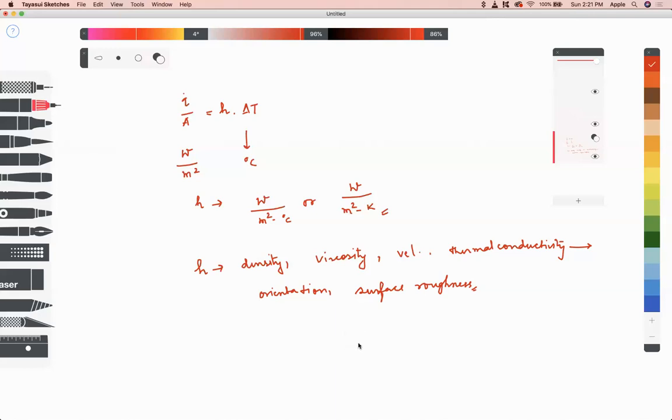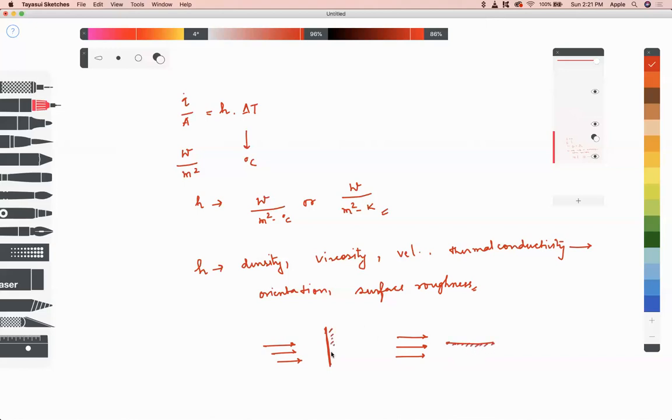What I'm trying to say is that, see, let's say I have a plate and I keep it in two positions. All right, this position, and we are blowing the wind in this direction, and in the second case we are blowing the wind in the same direction, but we have kept the plate in this position.